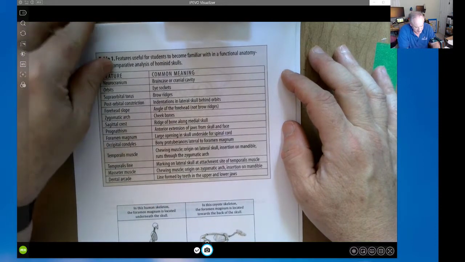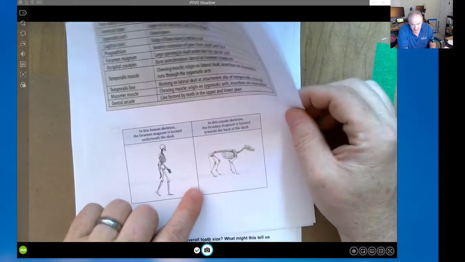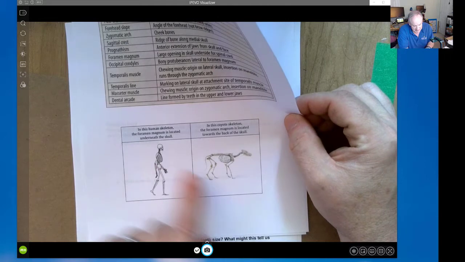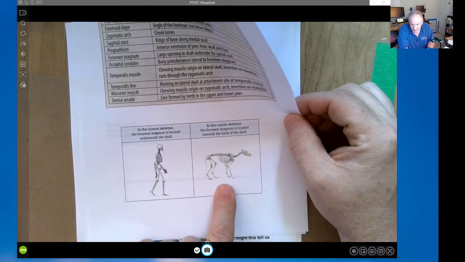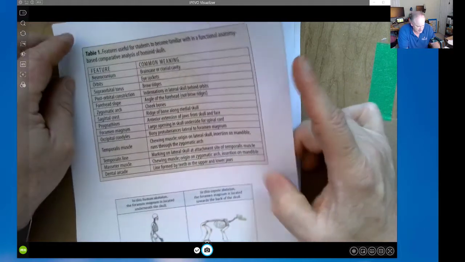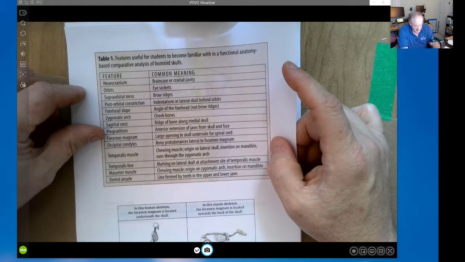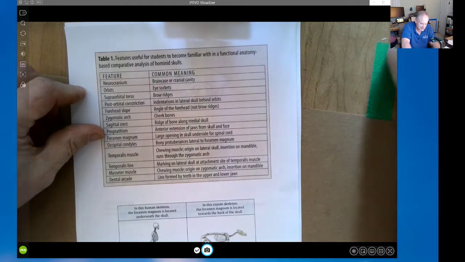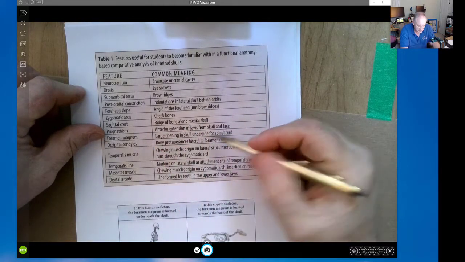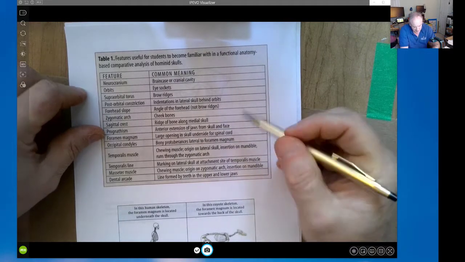For an example, I have a diagram down here at the bottom showing upright bipedal walking and, of course, walking on all fours. One of the things that we can look at in terms of the positioning is the foramen magnum, a large opening in the skull.